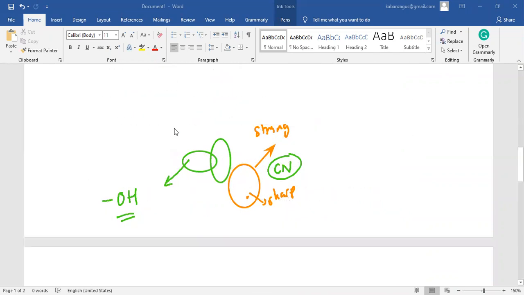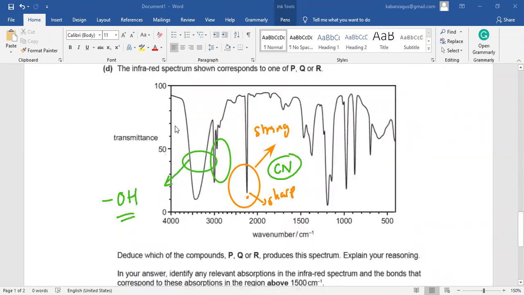And I am also interested when I check this region. So let me just erase this one. I also pay attention to this region, because the red one usually comes from the hydrocarbon, but that is not really significant. And then you can check in your data booklet the structure.